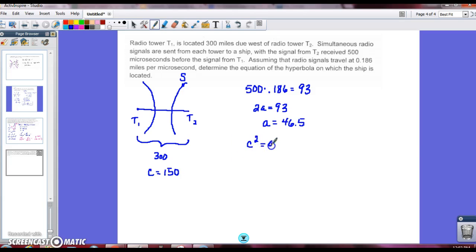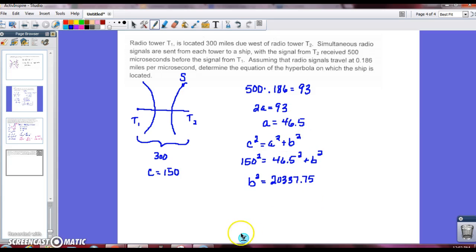So we know C squared equals A squared plus B squared. So we've got 150 squared is equal to 46.5 squared plus B squared. B squared comes out to be 20,337.75.